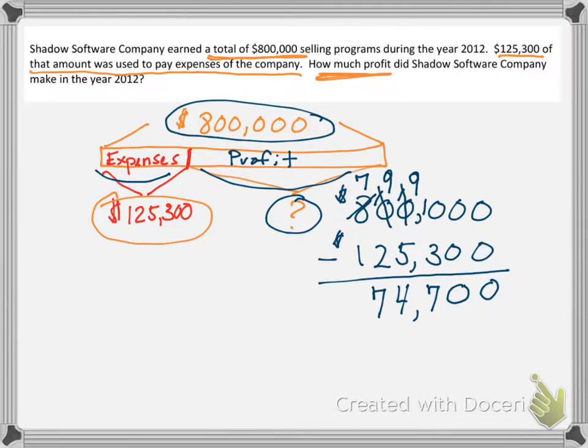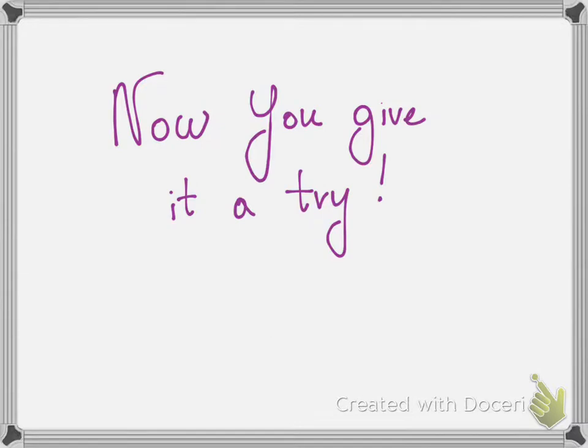And in the 100,000s, 700,000 take away 100,000 is 600,000. So we have $674,700. So how much they made, their profit, the unknown value, was $674,700.